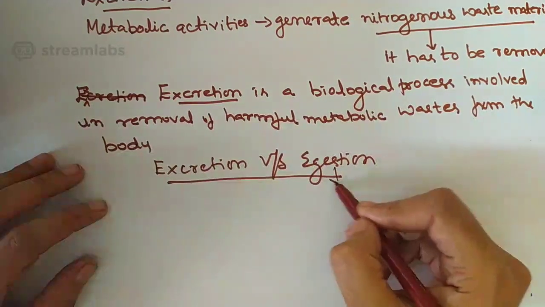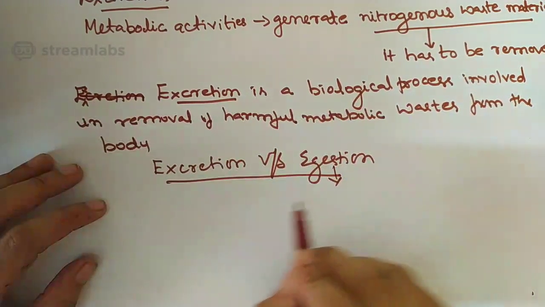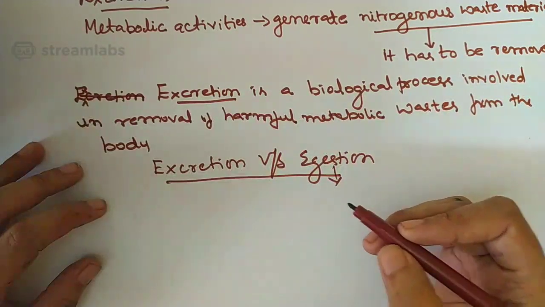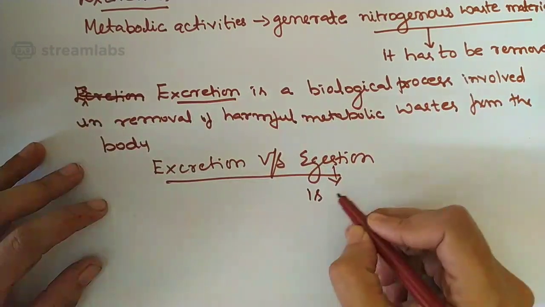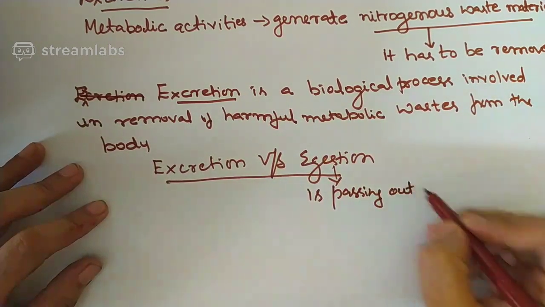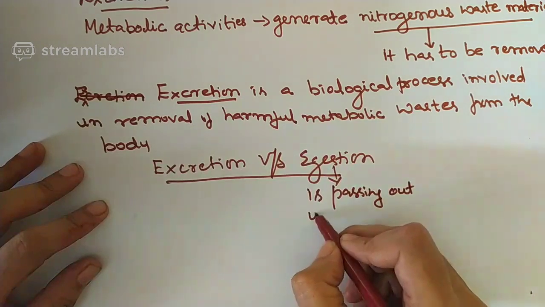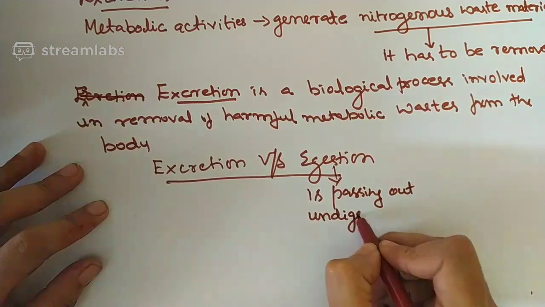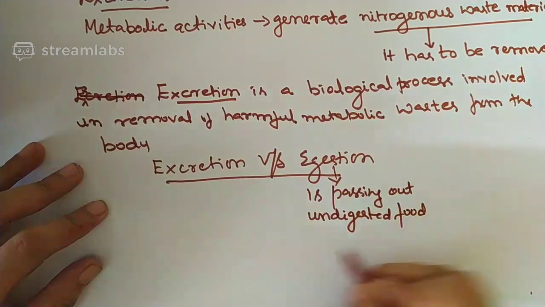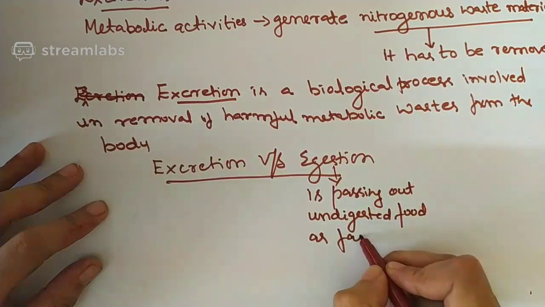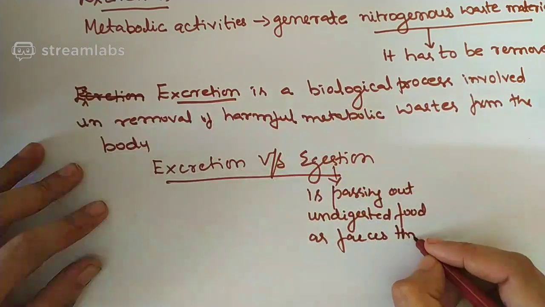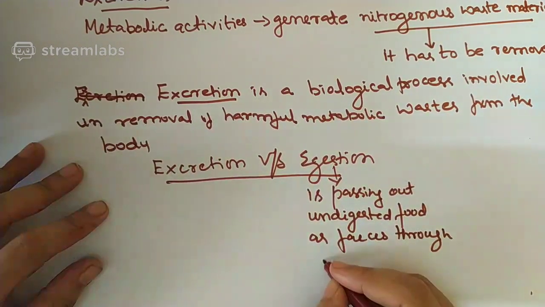Then what is egestion, students? Egestion we have already studied when we spoke about digestion. Egestion is passing out undigested food as feces through the anus.